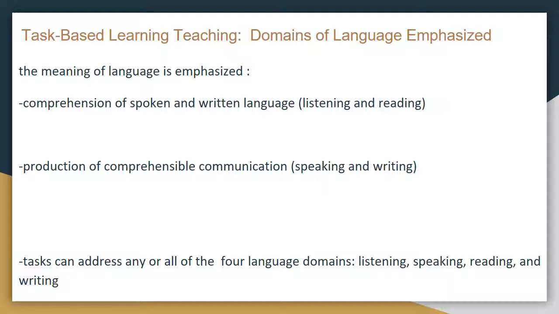That would be a case where they're also demonstrating the importance of people being able to understand their written language. Once again, tasks can address any of the 4 language domains, and they're not always specific to just one. They could address 2 at the same time, or 3, or all of them.